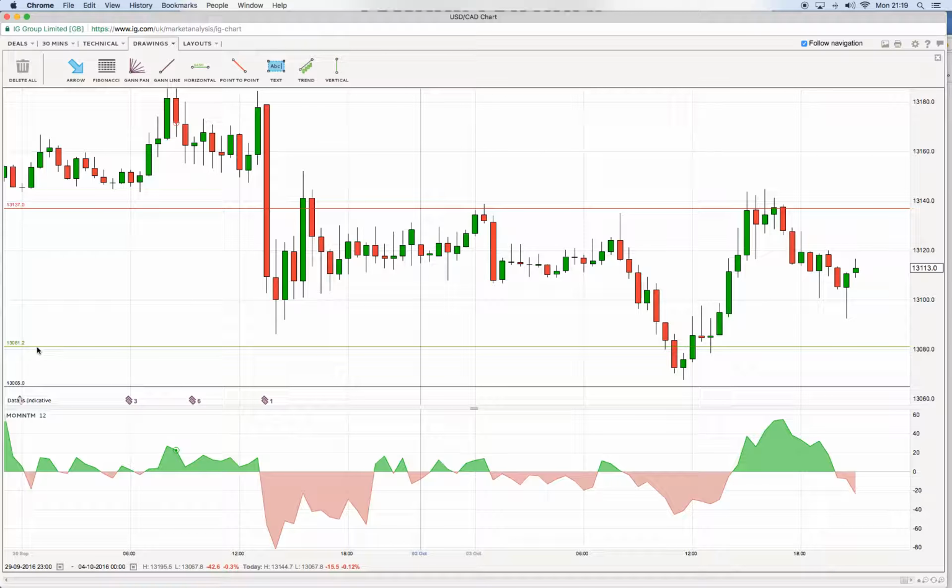That would be our entry point. We can say round it up to 82, just for the sake of it. So here's our long entry at 1.3082, which is above the highest high.